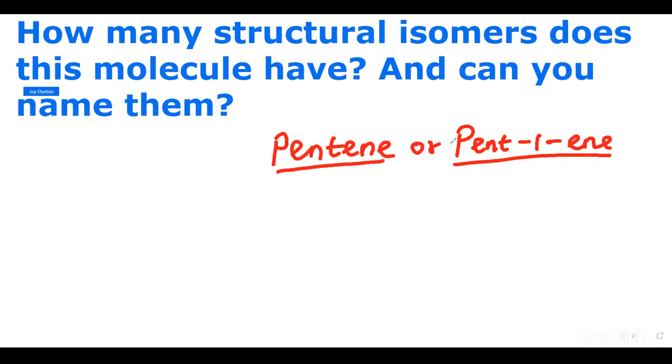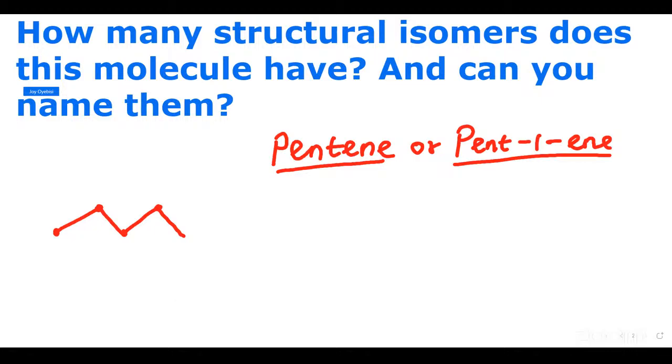So what I want you guys to do is find how many positional isomers this one can have, and also try to name them. The first one I will show you as a guide will be the pent-1-ene, and we have 5 carbons. So we're starting with 1, 2, 3, 4, and then 5. Remember we said that the prefix for 5 carbons is pent, right?